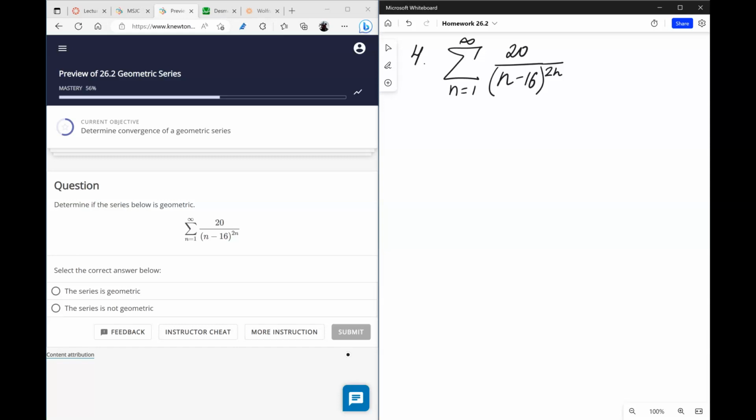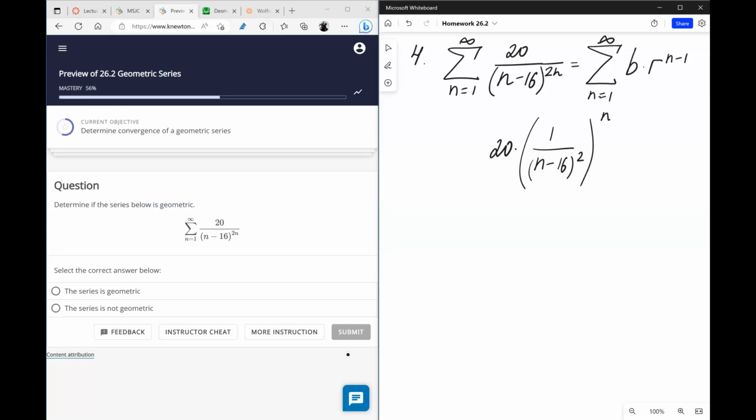In this question, we are asked to identify whether this is a geometric series or not, and a geometric series looks like this. We can try, but there's no way we'll be able to get rid of that n from inside of this power.